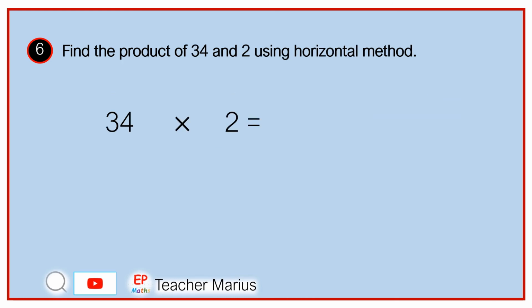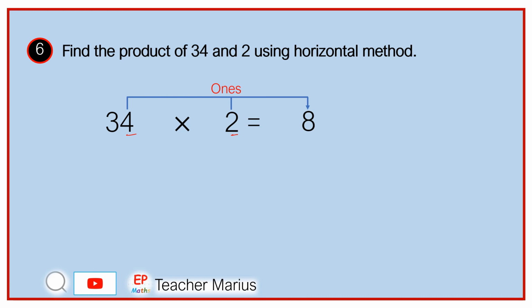Now let us see the final example. Find the product of 34 and 2 using the horizontal method. So we will first get 4 ones times 2. 4 ones times 2, we get 8 ones.